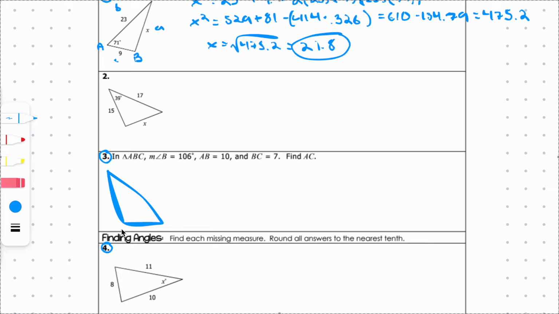Okay, I don't know how accurate this is. I don't know what this triangle looks like, but actually I'm going to draw this off to the side. Sorry about that.